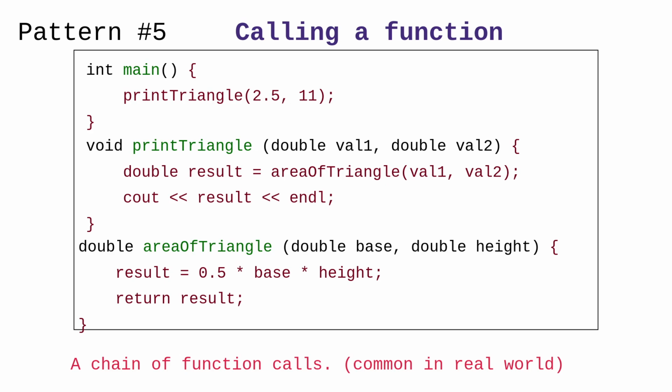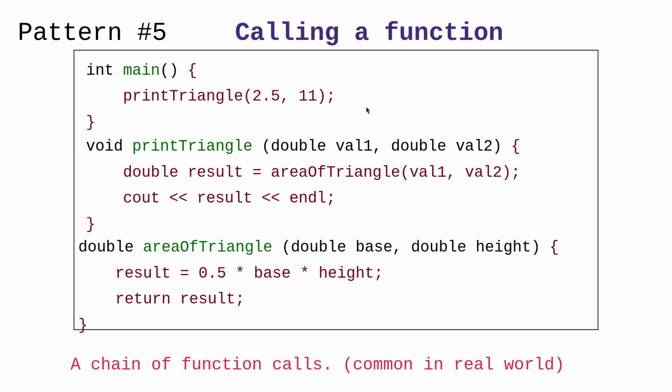Okay, so here we have three functions, right? We have main, we have print triangle, and we have area of triangle. So I want us to notice in print triangle, right? Print triangle calls area of triangle, okay, which is down here.